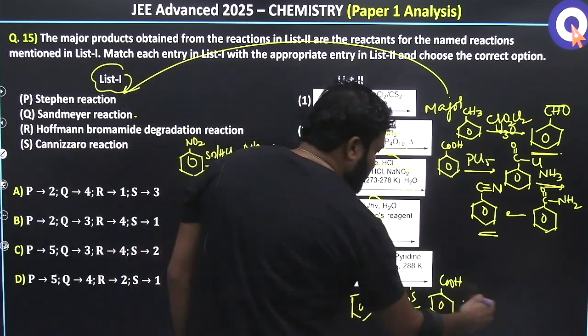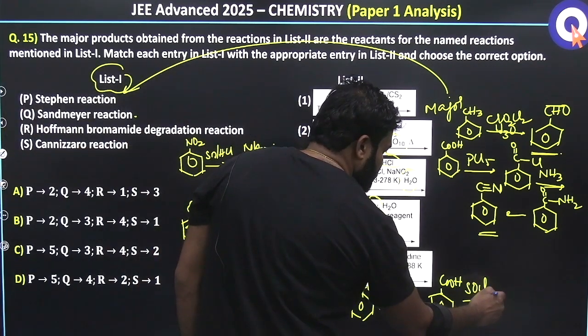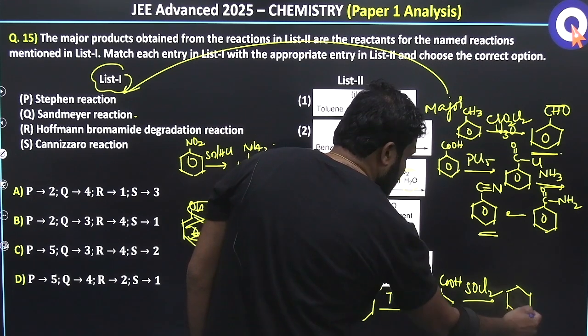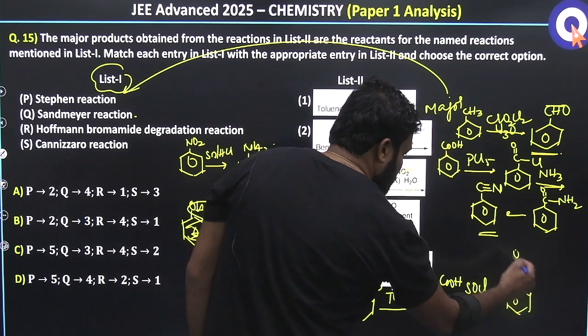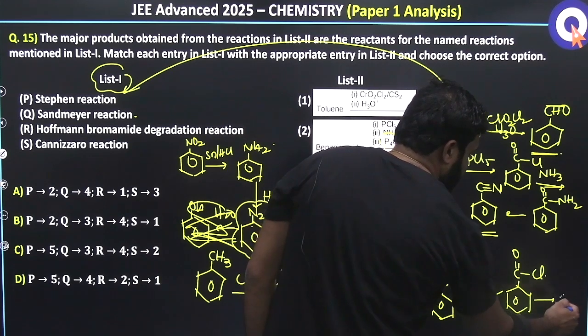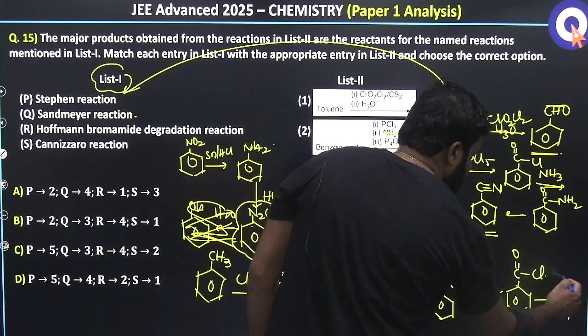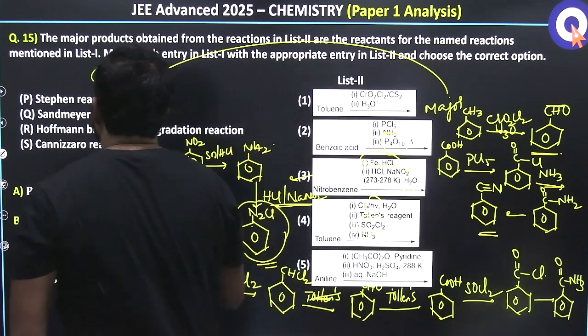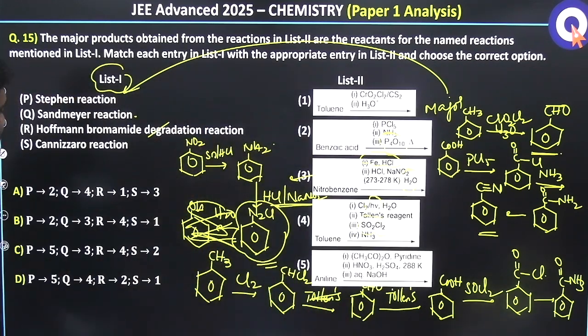If it reacts with SOCl2, then it will become C=O Cl, which on reaction with NH3 we will get amide, benzamide. As we know, amides mean definitely Hofmann bromamide reaction, right?